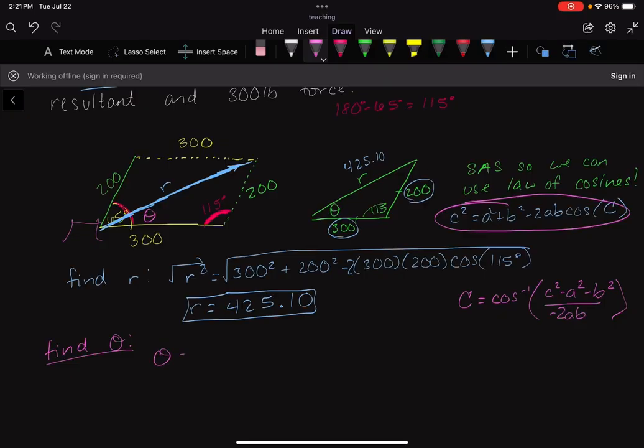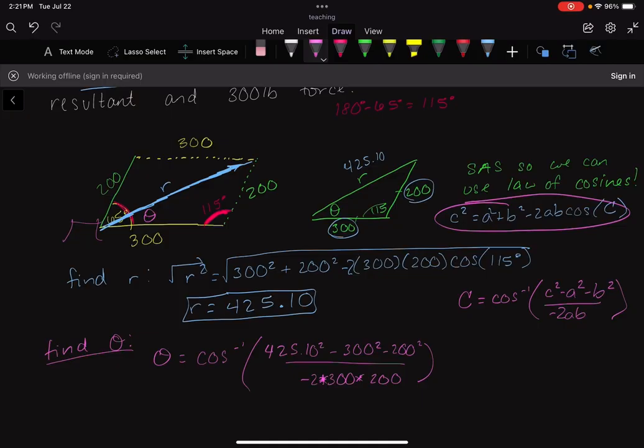So here I'm going to get theta is equal to cosine inverse. And my C in this case is my R, so 425.10 squared minus 300 squared minus 200 squared divided by -2 times 300 times 200.